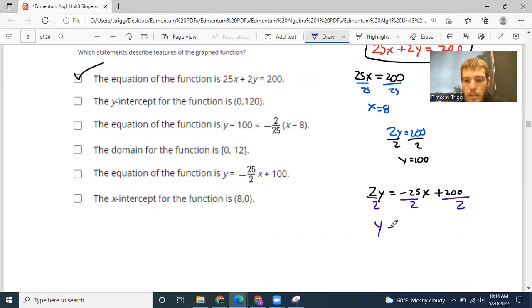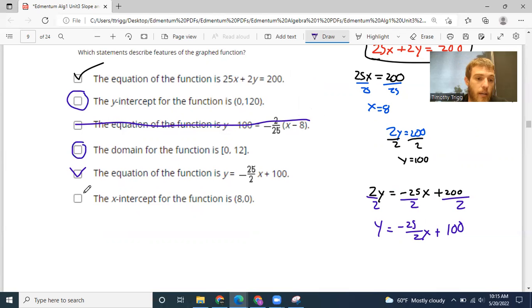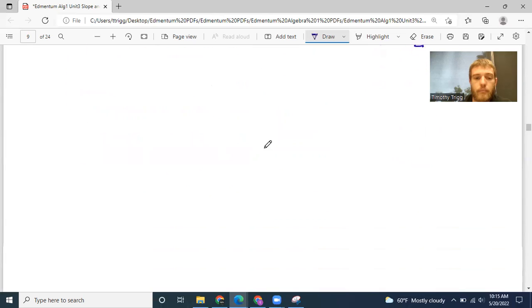So that gives us y equals negative 25 halves x plus 100. So that looks correct as well. So both equations are correct. They're just in different forms. This one is not correct. And then one of these is correct. I'm going to leave that to you to figure out.